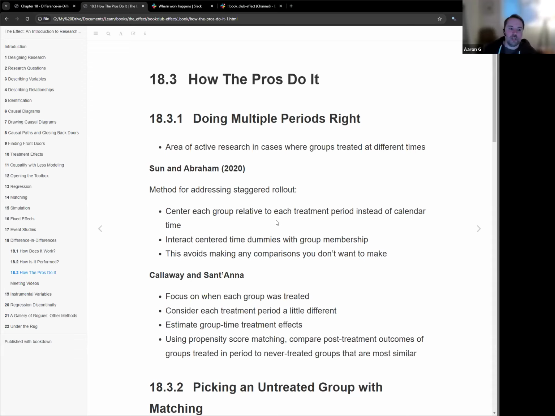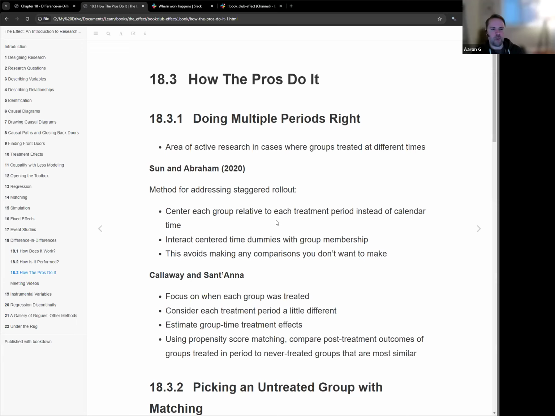But one thing you can do, which I found pretty interesting when treatment times vary, is you can center each group relative to the treatment period. So you'd end up with something that isn't true calendar time, right? It's all relative to when treatment took place.